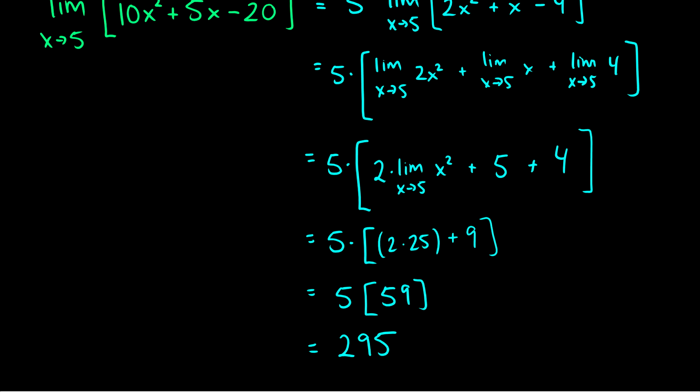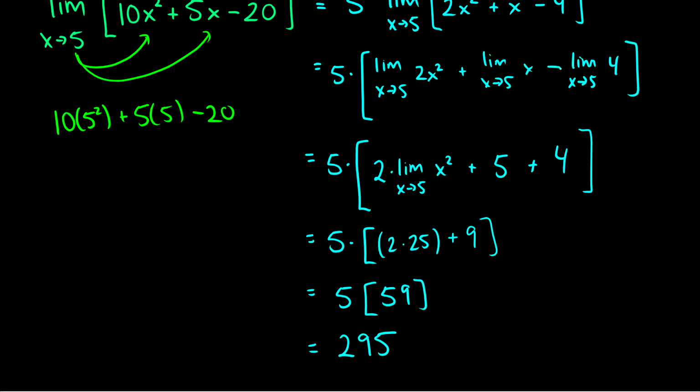Of course, it really is faster just to plug in 5 into x up top. So this will be 10 times 5 squared plus 5 times 5 minus 20. Okay, I did make a mistake here. So this should be minus 4 in all of these. This should be plus 1, which should be 51, which should be 255.